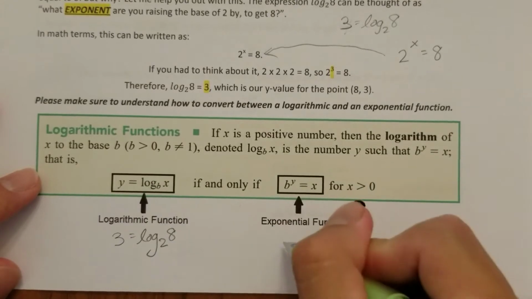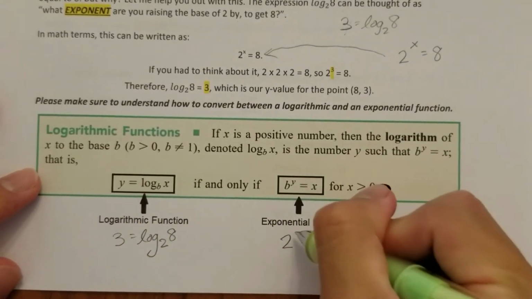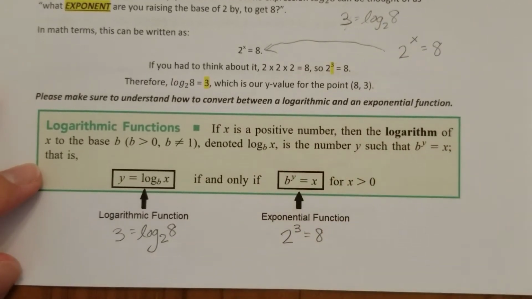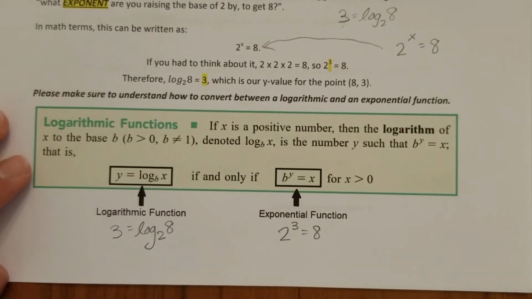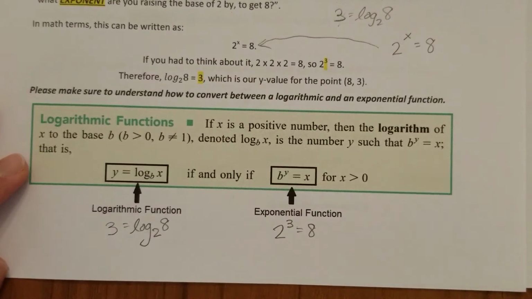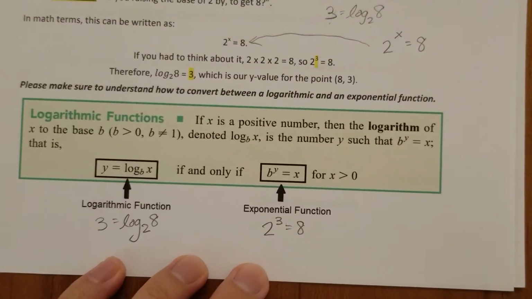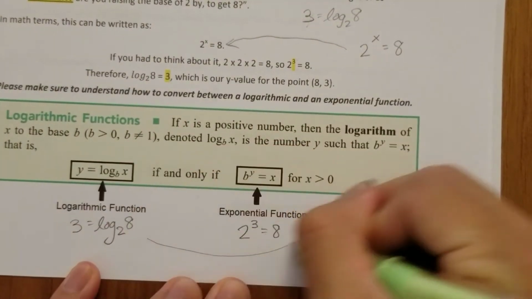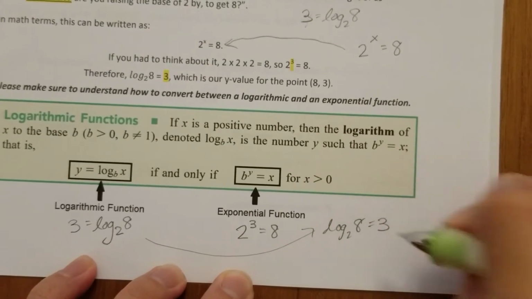Our base is 2, our exponent is 3, and x is 8. So when you try to identify logarithms, it's important to identify the base, the answer, and the exponent. Let me rearrange this. This is basically the same thing as log base 2 of 8 equals 3.